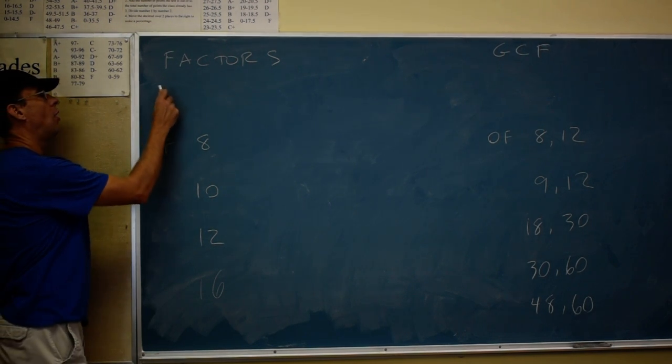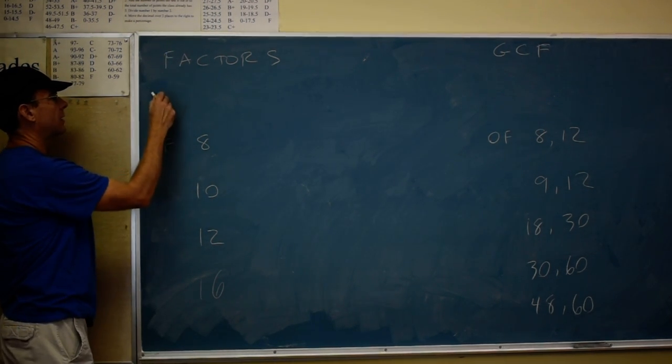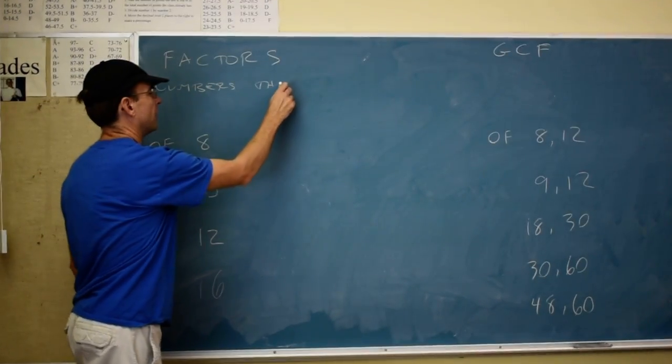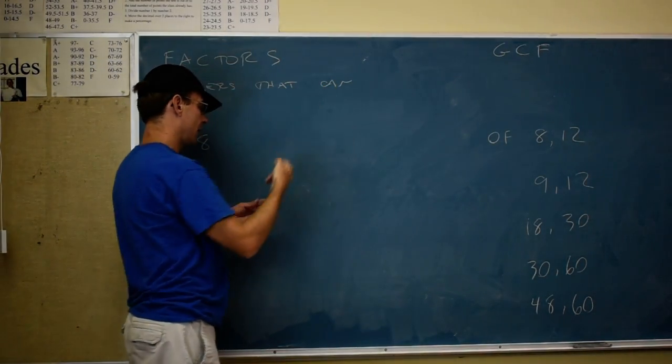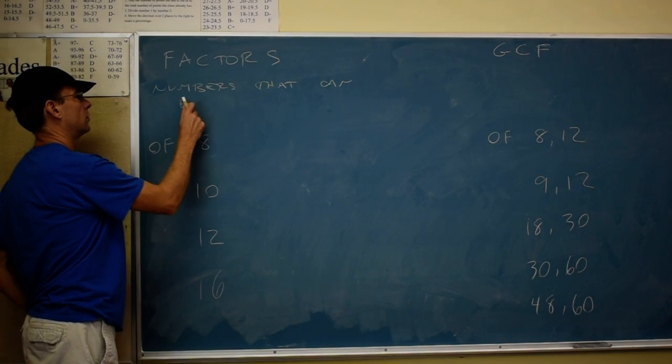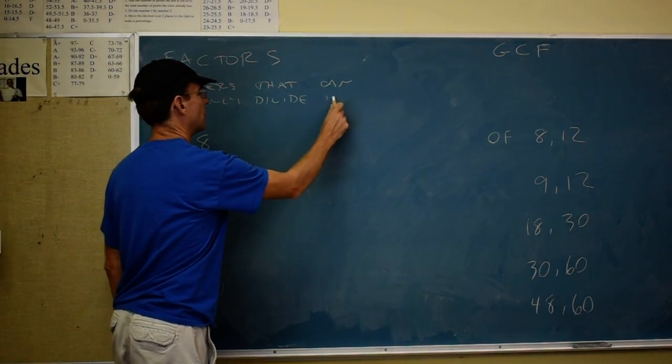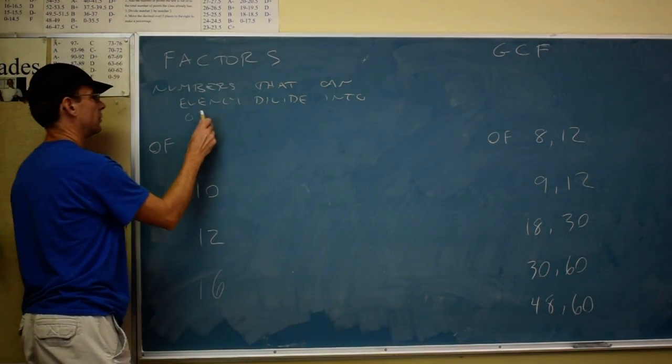Factors, what they are. Factors are numbers that can evenly divide into other numbers.